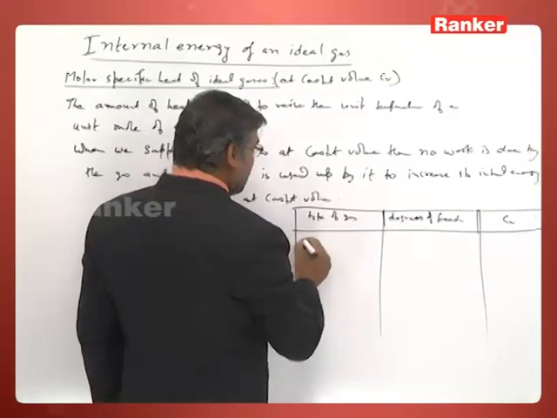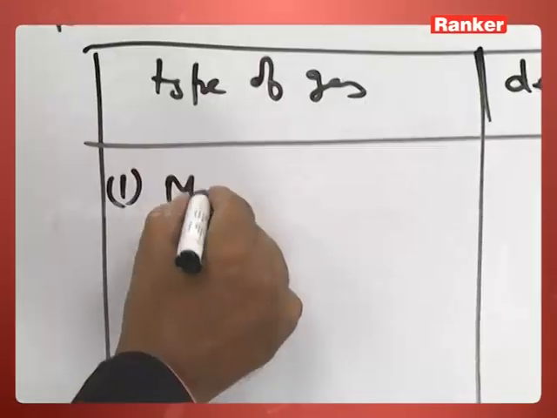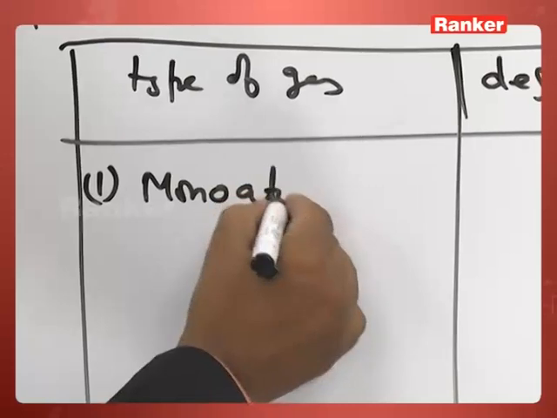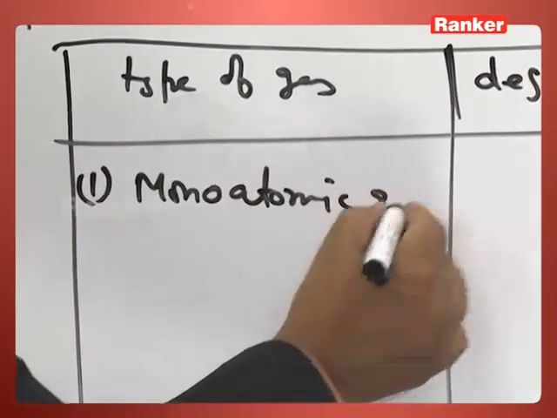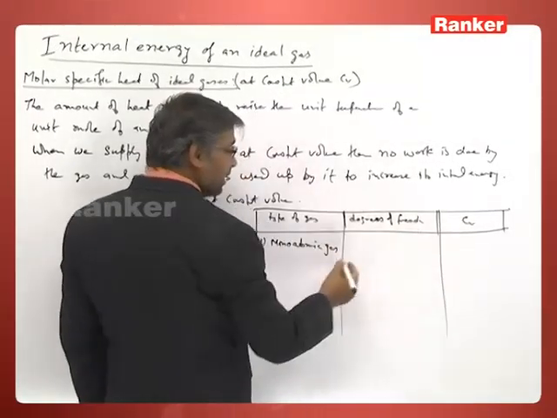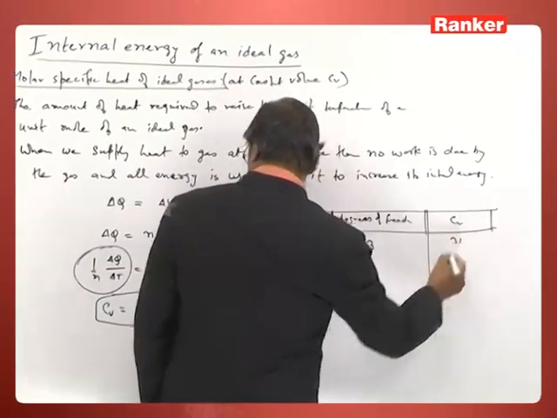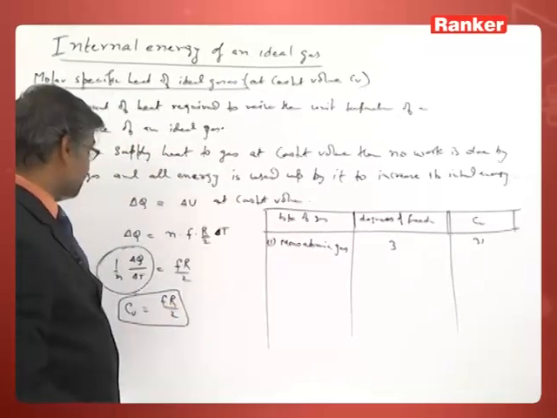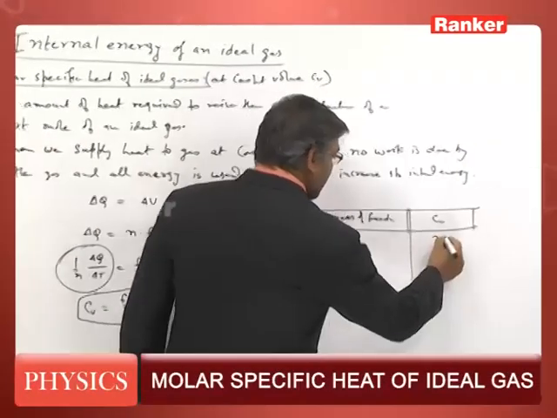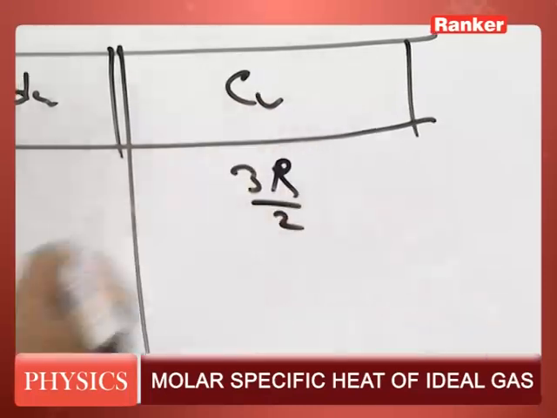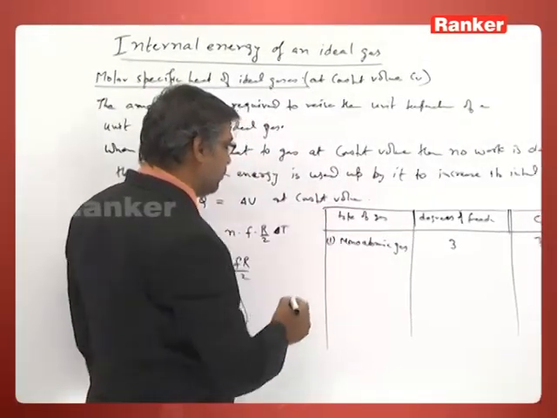So, you see, type of gas number 1, monoatomic gas. The number of degrees of freedom here is 3. So, 3R by 2 is its specific heat at constant volume.